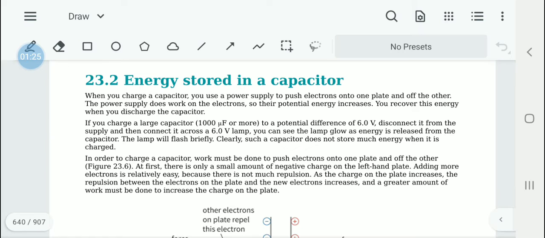It will quickly vanish. That is because the capacitor does not store that much energy. It is only enough for the functioning of that small circuit. It is just a tiny little bit of energy that is stored in here.